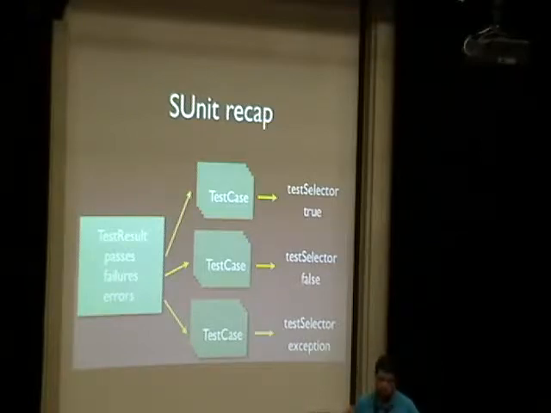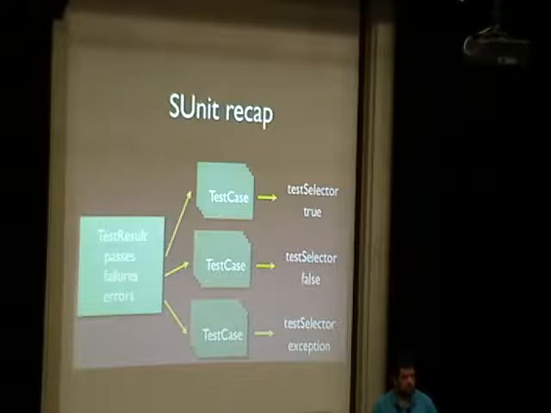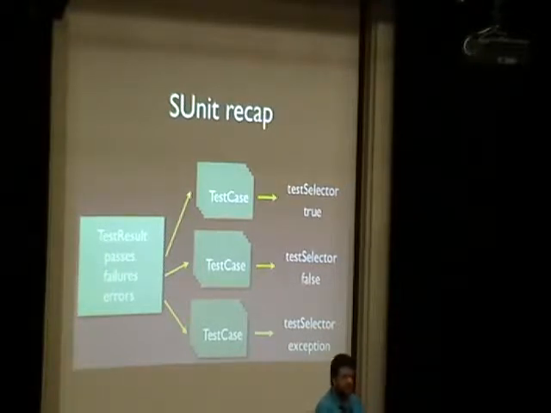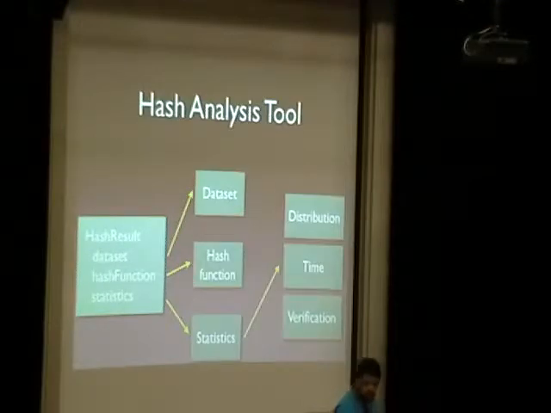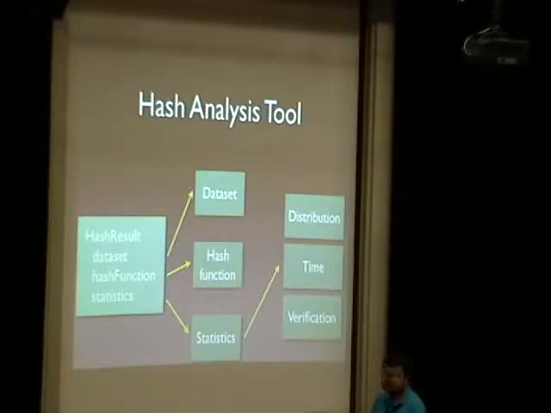Now, this may work okay in most circumstances, but I was faced with a problem because I had to write a test tool for hash functions. And at that point, I realized, well, this doesn't really fit anymore, because this is more or less how the hash analysis tool works. You run some calculations, and the result you get is much more rich than basically true, false, or exception.